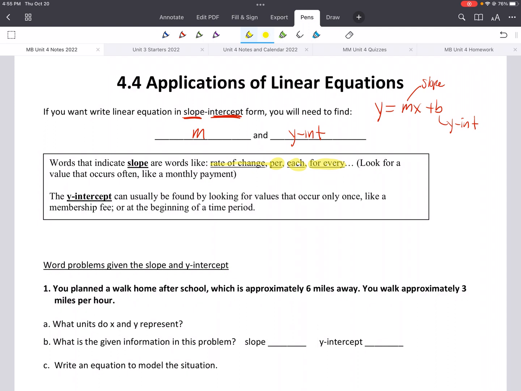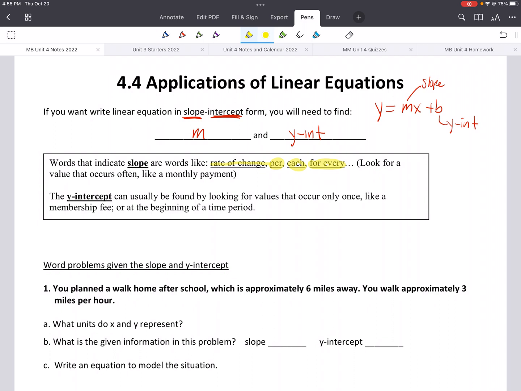Oftentimes slope has to do with time, like I get paid $10 per hour, or I sold 6 cookies each day. So oftentimes we'll use time, but it doesn't necessarily have to be.